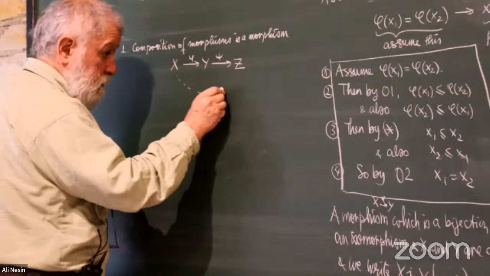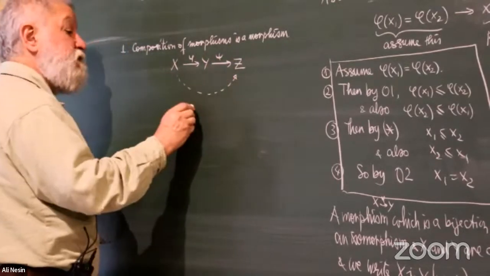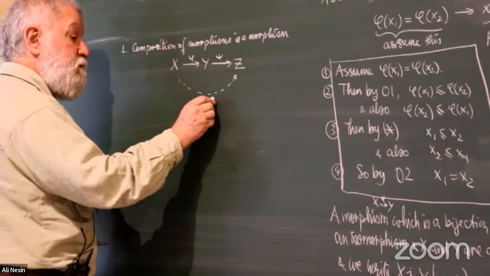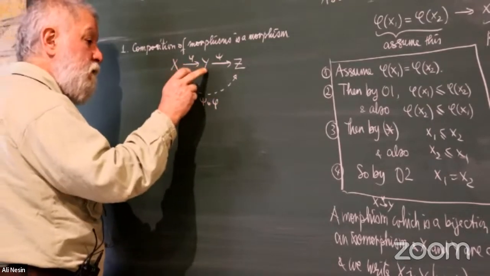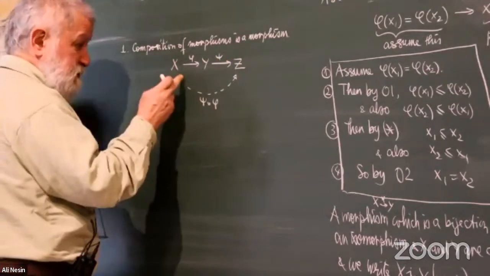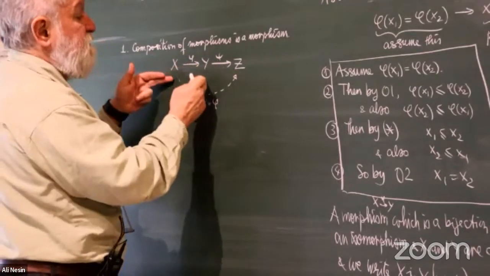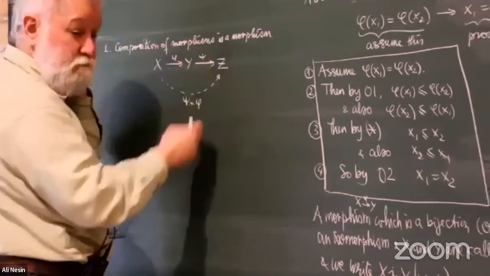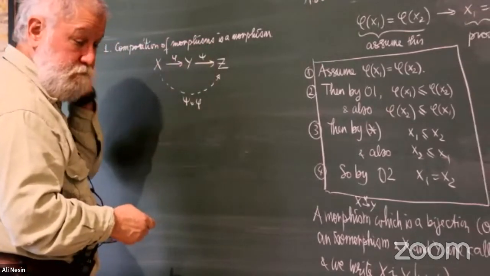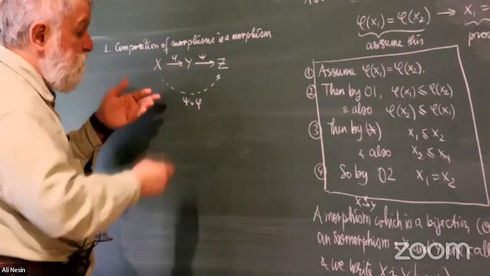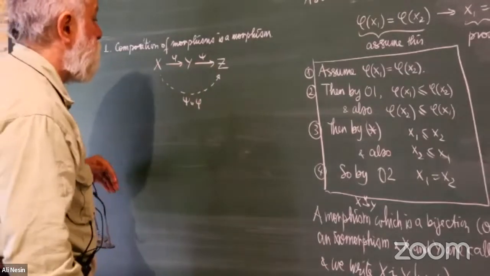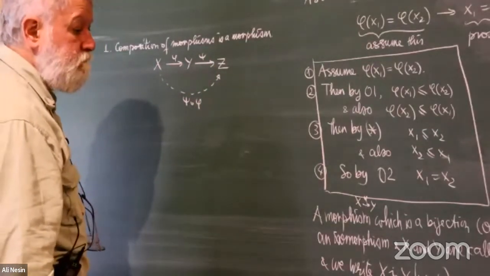Then you can construct psi composed with phi. You first apply phi, then you apply psi. Of course, if phi is increasing, and psi is increasing, then this is increasing also. Okay.